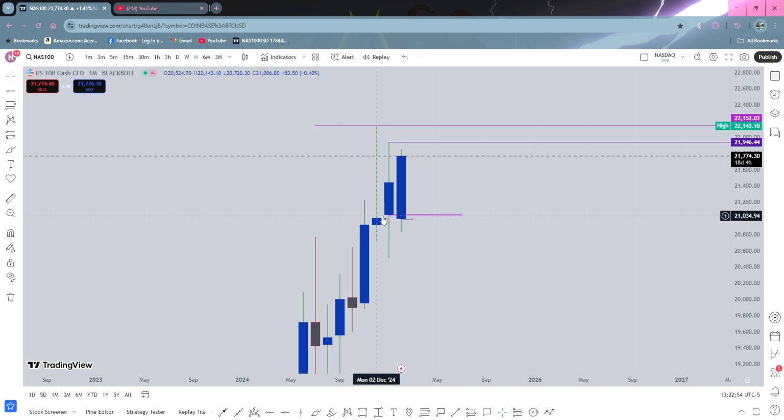This is what I say: accumulation, manipulation, and distribution. Same thing is gonna happen on the current month of February: opening price, manipulation, distribution. We are actually going to engage buy stops, which is at 21,924 and one at 22,150.